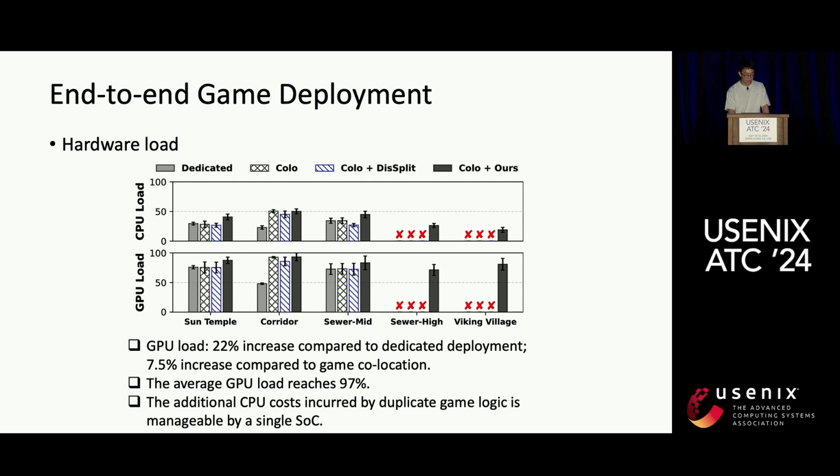From the figure, we can observe that the GPU load has an increase of 22% compared to the dedicated deployment, and a 7.5% increase compared to the game collocation strategies. The average GPU load reaches nearly full. The additional CPU cost incurred by duplicating the game logic is manageable by a single SoC, as these games cost less CPU resources.